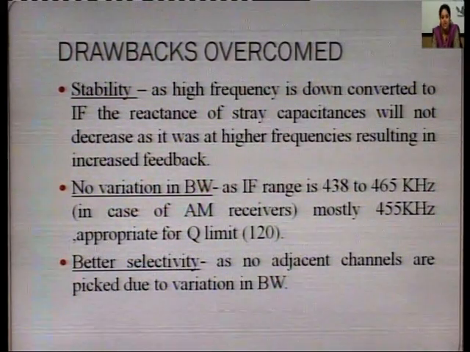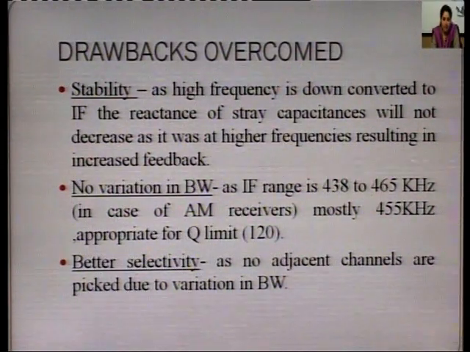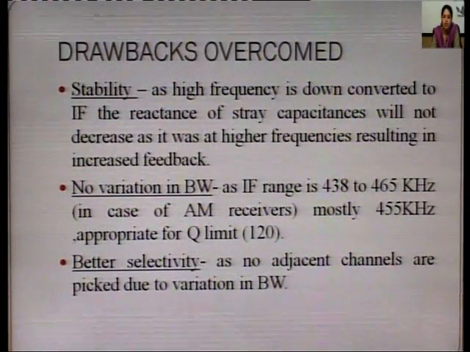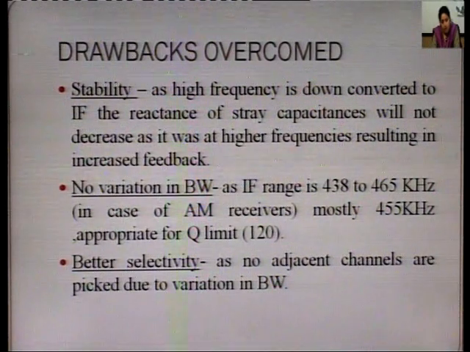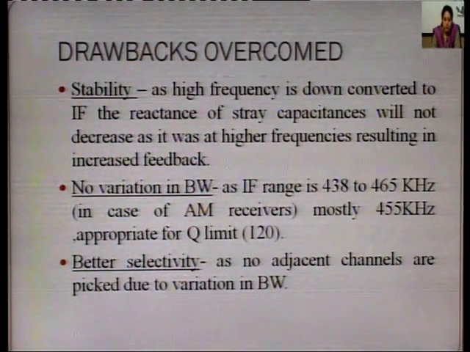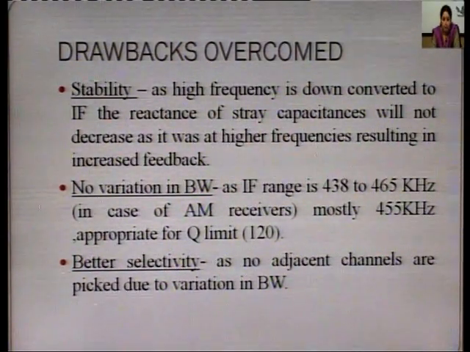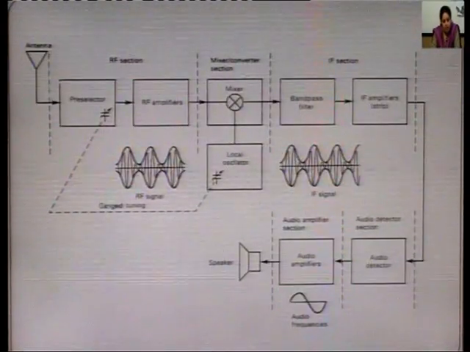As there is no variation in bandwidth, you are having a lower frequency range, the intermediate frequency, which will not affect your bandwidth limit or your quality factor limit. So adjacent channels will not be picked up, and there will be better selectivity in the superheterodyne receiver. So all these three drawbacks of the tuned radio frequency receiver are overcome in the superheterodyne receiver.